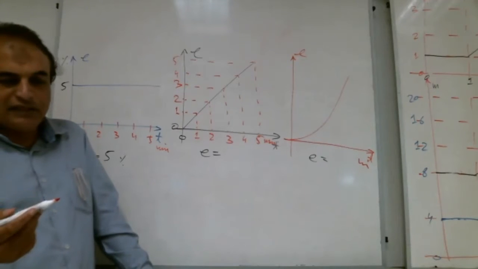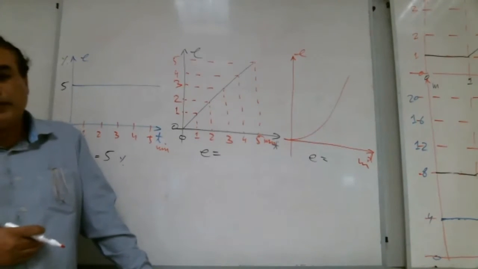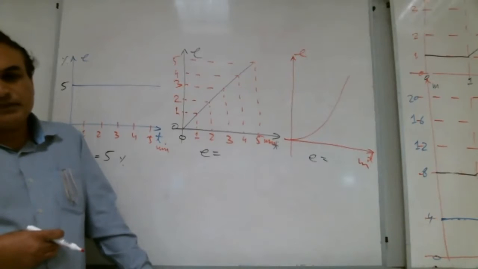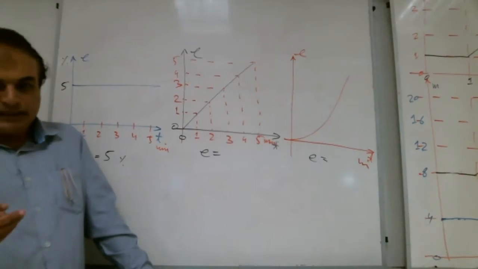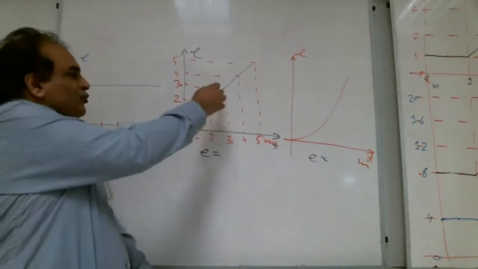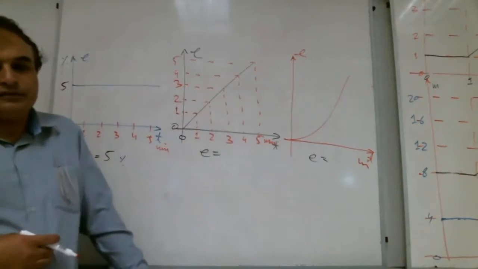You know the equation of the line: y minus y1 over y2 minus y1 is equal to x minus x1 over x2 minus x1. Take any two numbers and find it.